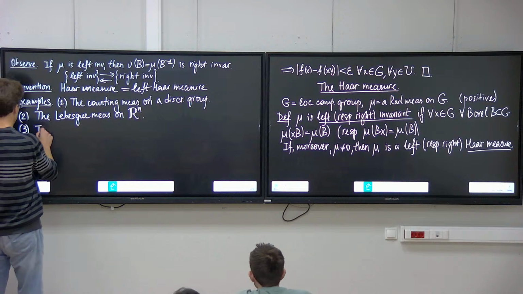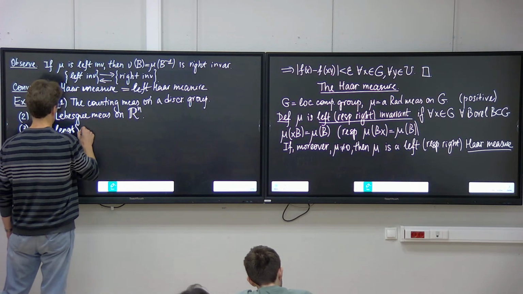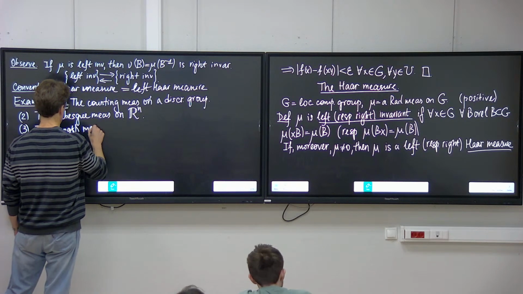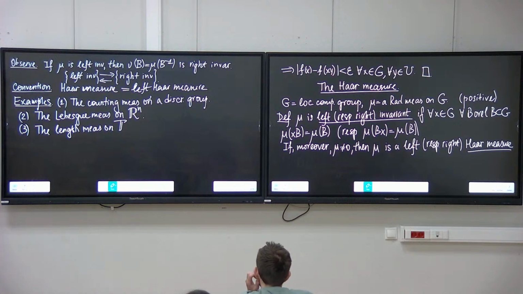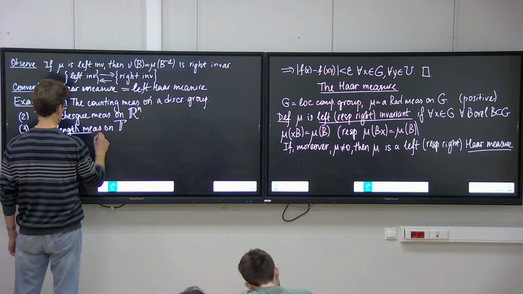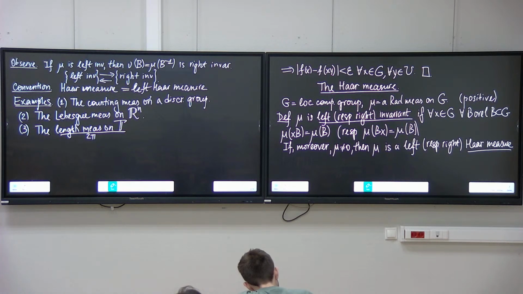And the usual length measure on the circle, if you like, we can divide it by 2 pi, is also a Haar measure. So basically, these are the examples that we discussed in the previous lectures. Slightly more advanced examples, I'll give you fairly soon.